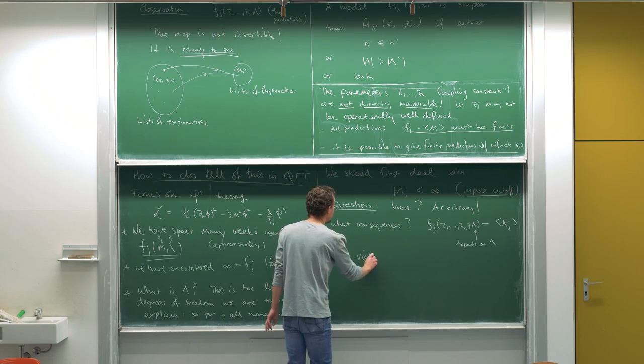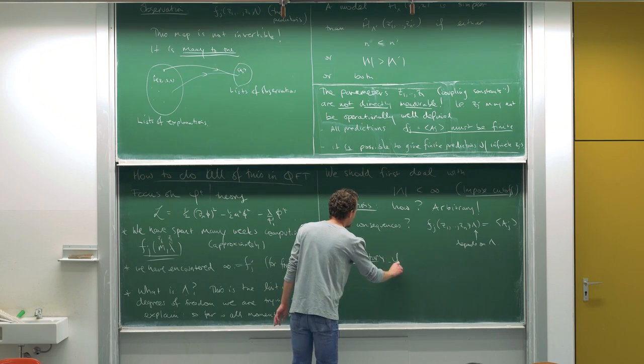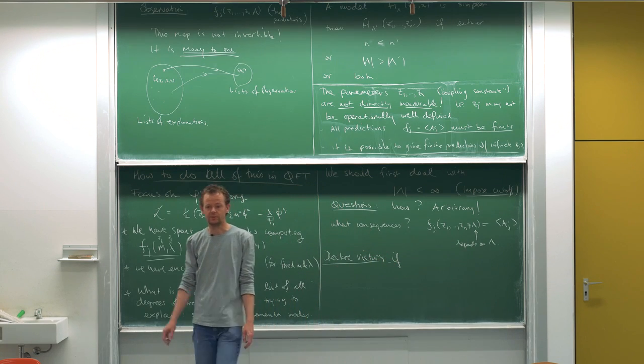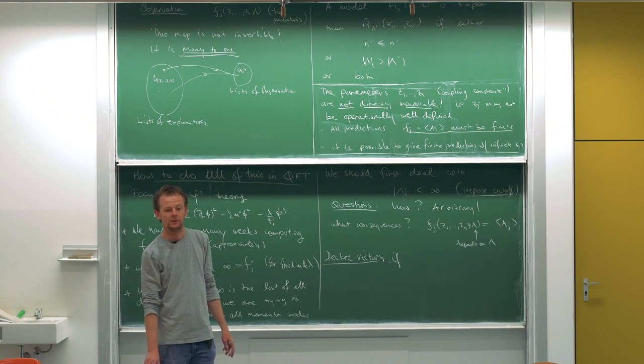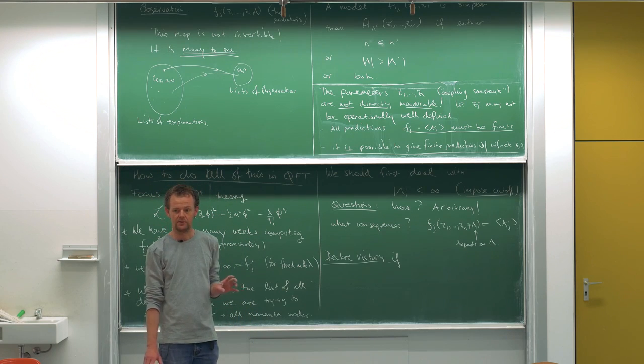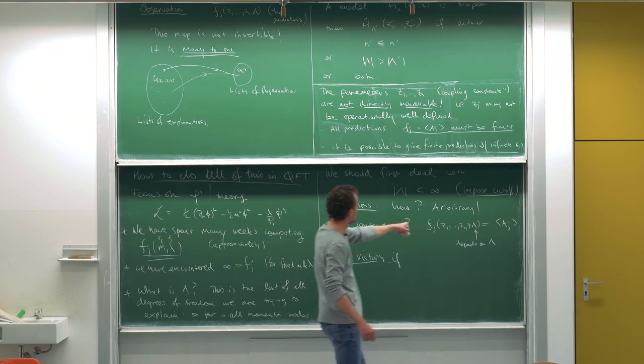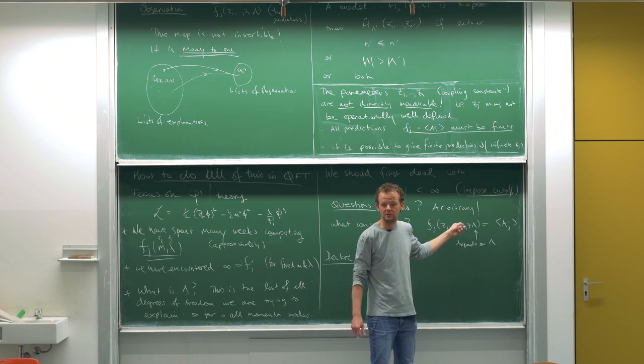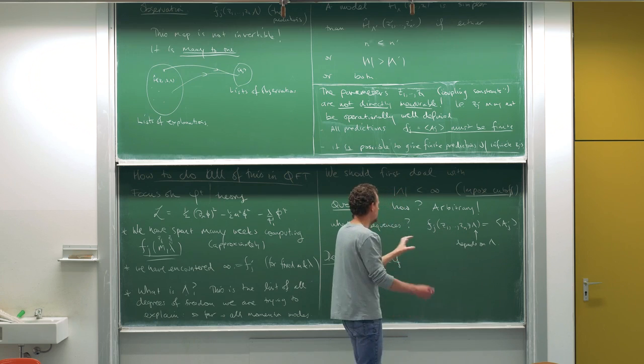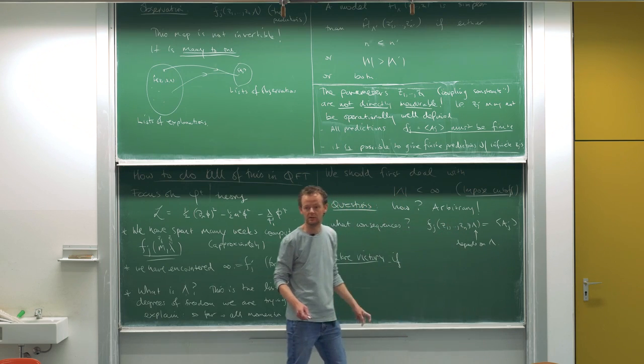But we're going to declare victory. We're going to now state the victory conditions for this game. We have one trick left, and that is that the z's themselves are not directly observable. So they're allowed to depend on the cutoff.